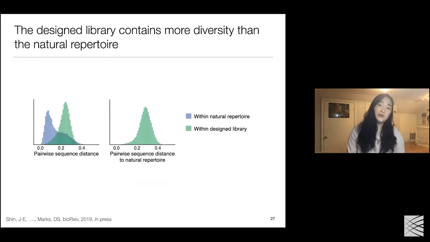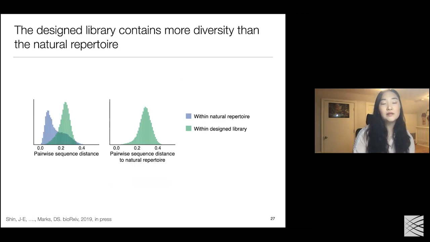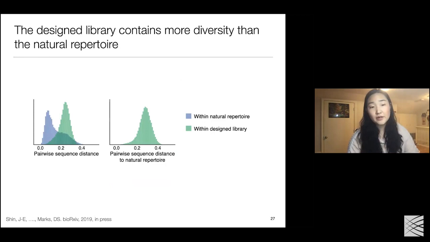Additionally, our designed library contains more diversity than the natural repertoire, and we can see this by the distance between sequences included in the designed library being far more than the distances in the natural repertoire. In addition, we're not just generating sequences that we saw in the natural repertoire. So we're not just recapitulating our training sequences, which was encouraging to us.